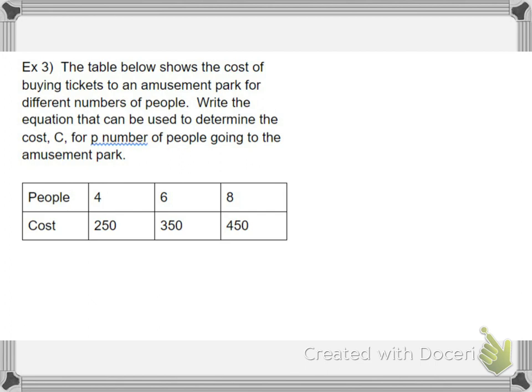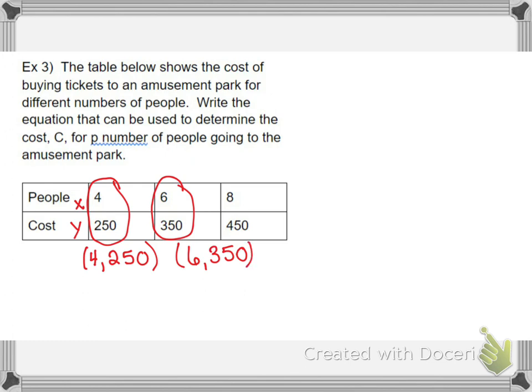When you're given information in a table, remember in this case, people represents your x, cost represents your y. So these numbers can be used as coordinates. So we've got 4 people cost $2.50 and 6 people cost $3.50.